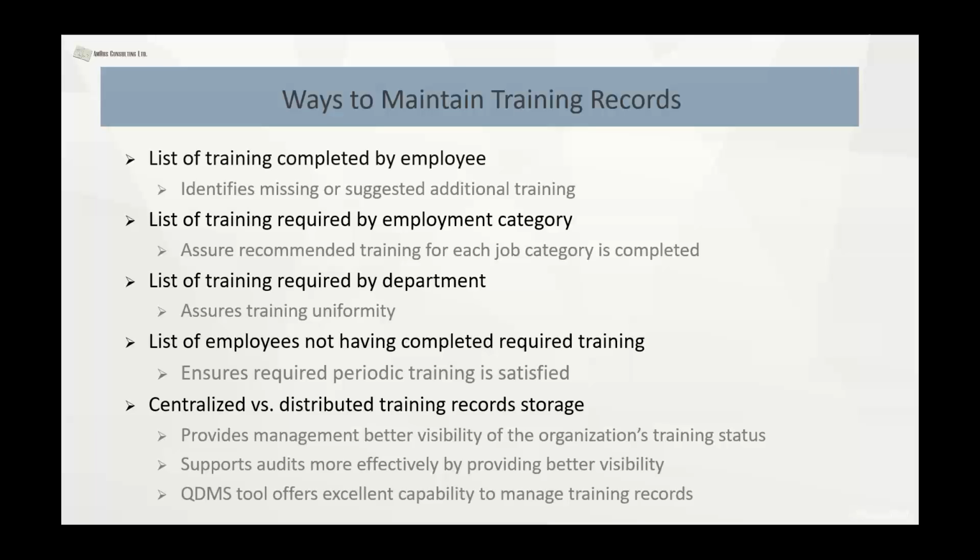Okay, then another thing that I'd like to point out, there are different ways of maintaining all that data that I just talked about. You have really two ways. One is a centralized versus a distributed training record storage, okay? When I say distributed, it's still all electronic, but it could be on different computers.